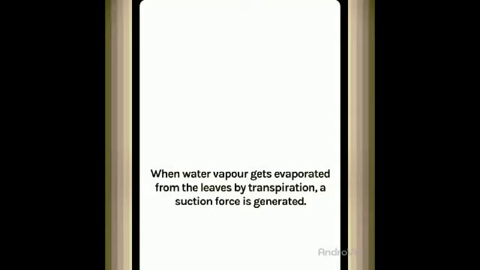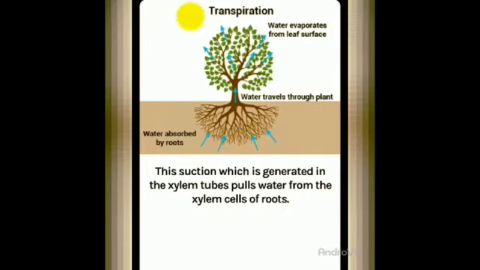So when water vapors get evaporated from the leaves by transpiration, a suction force is generated in the xylem tissues or xylem tubes, which pulls water from the xylem cells of the roots. Here you can see the blue color showing the direction of the water movement, and this suction generated in xylem tissues makes the water molecules pull upwards.